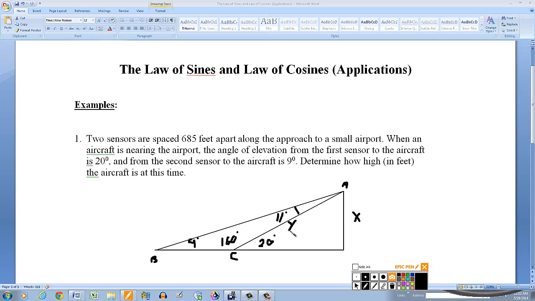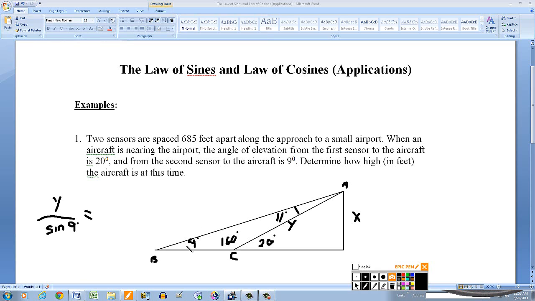Now I'm just going to use the law of sines. So using the law of sines, Y divided by the sine of the opposite angle, which is 9 degrees, so the sine of 9 degrees, should equal, okay, and I forgot one piece of information.